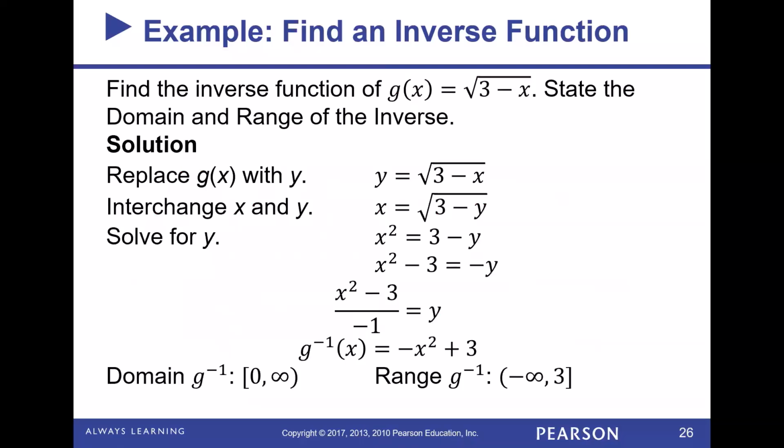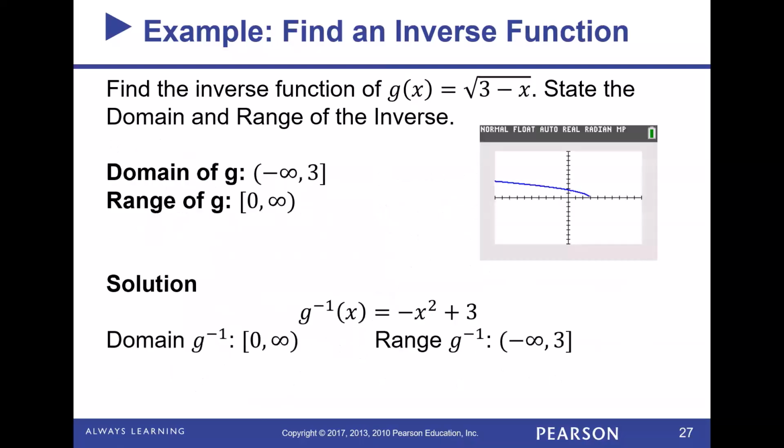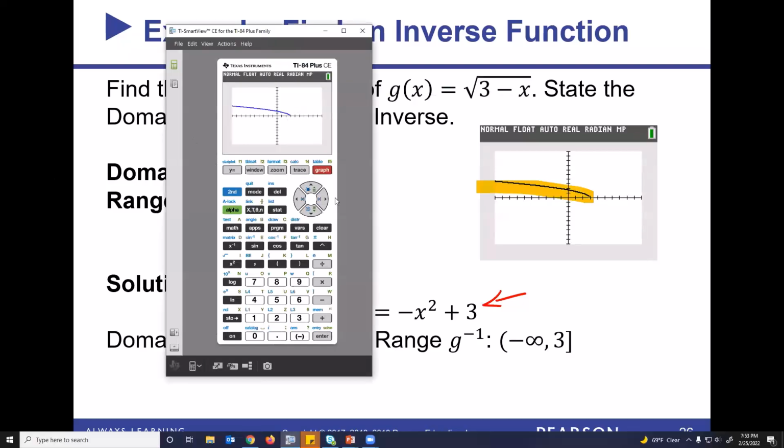Again, I strongly encourage you, if you're not familiar with the domains and ranges, use that graphing calculator, but only graph one function. You'll notice I start with the original function, and that is the only one I graphed here. That's just to have a better idea. If you have too many things in the graphing calculator at one time, it might be confusing. Also, if you were to graph the inverse, it does look a little confusing, because the graphing calculator is not going to account for the fact that this had a unique domain.